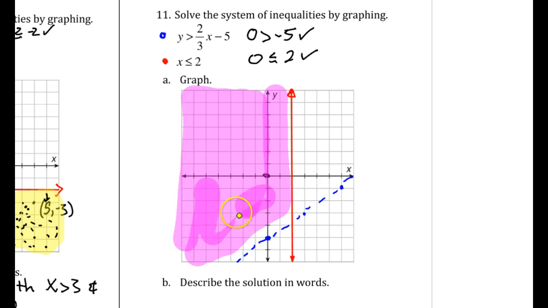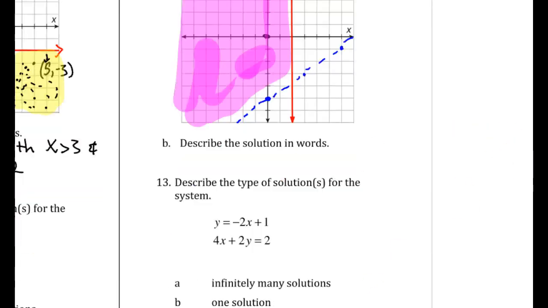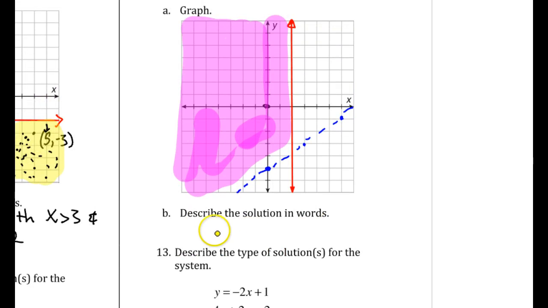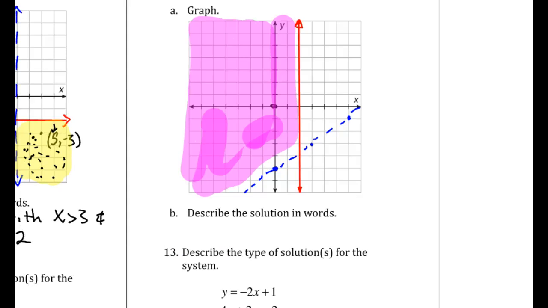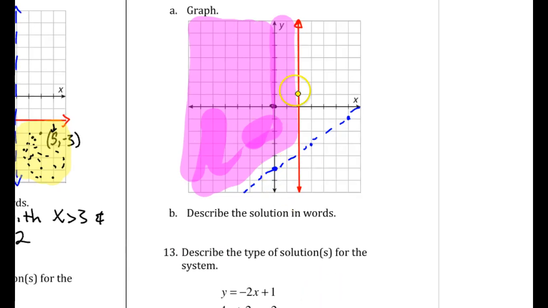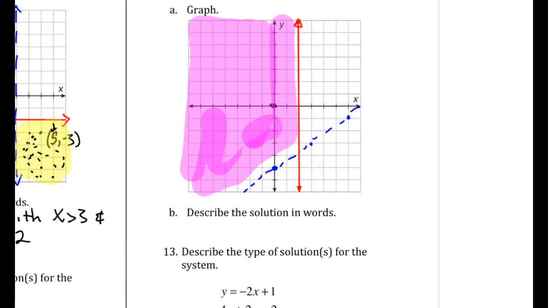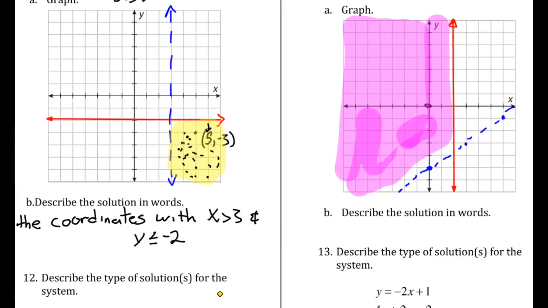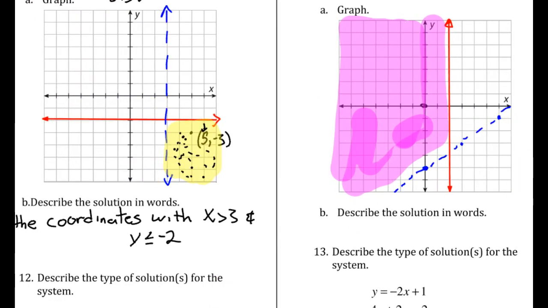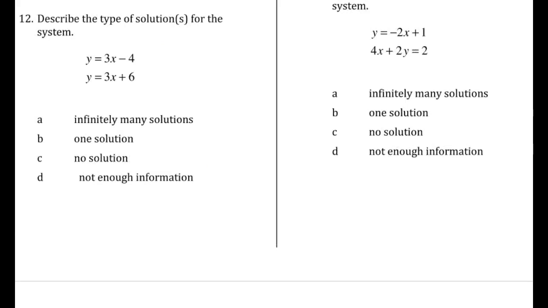Okay. And then, once again, describing in words. Use the same language as the last one. All coordinates that are greater than this line and less than or equal to 2.